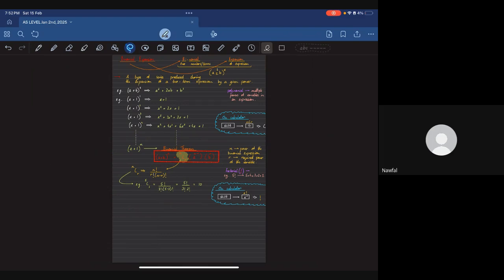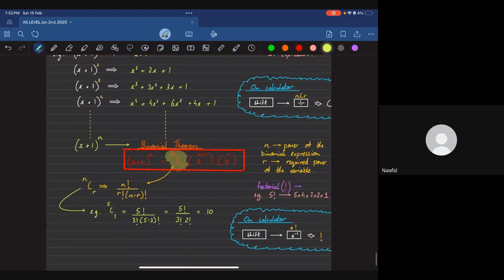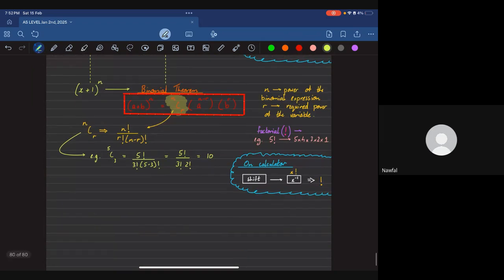One thing I can tell you, continuing with this, is that the total number of terms after an expansion is always equal to n plus 1.